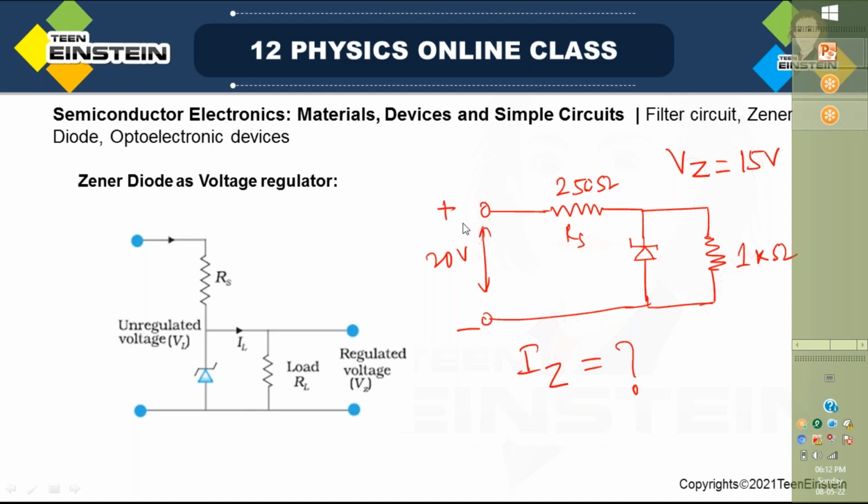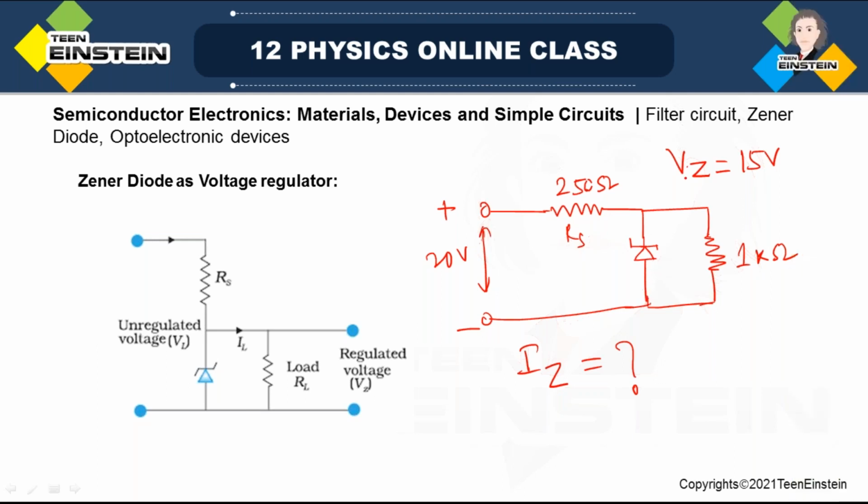See, a diode is a non-linear device. Even if we know that the voltage drop across the diode is 15 volt, because it is Vz, it does not change. Vz does not change, 15 volt.